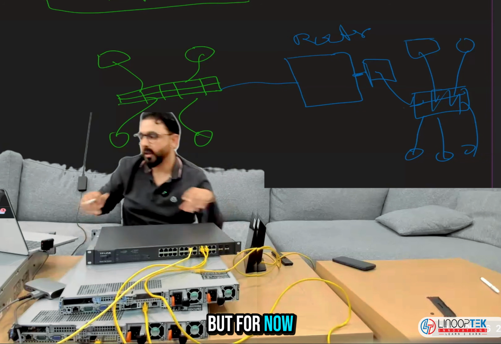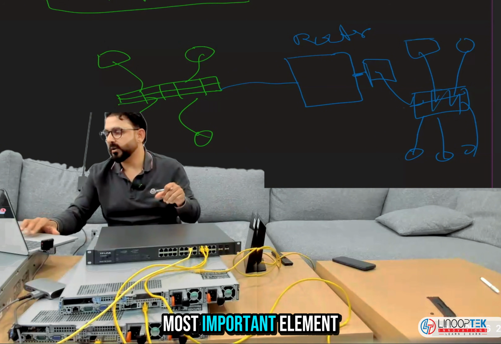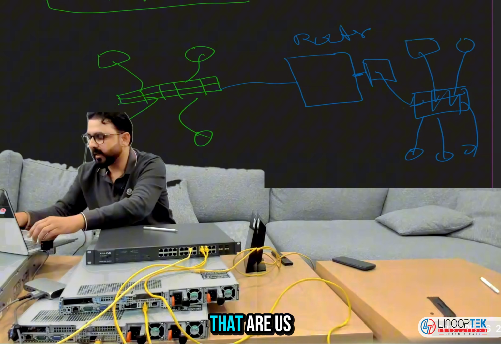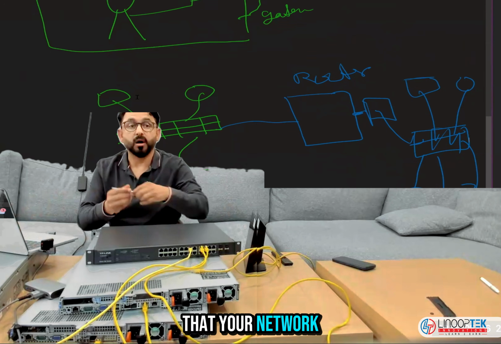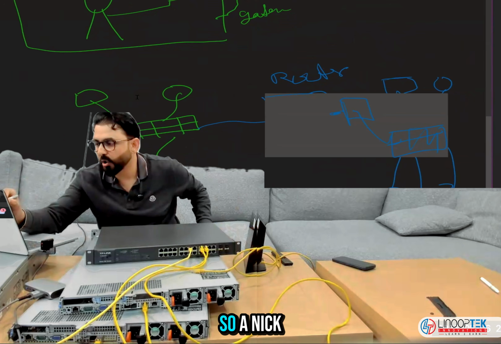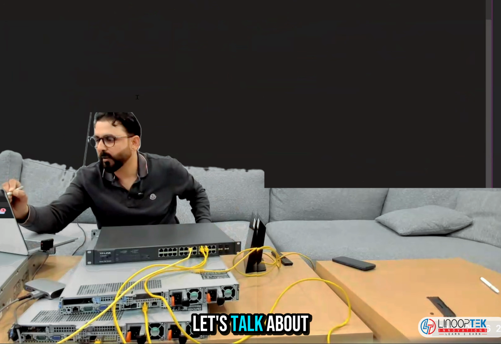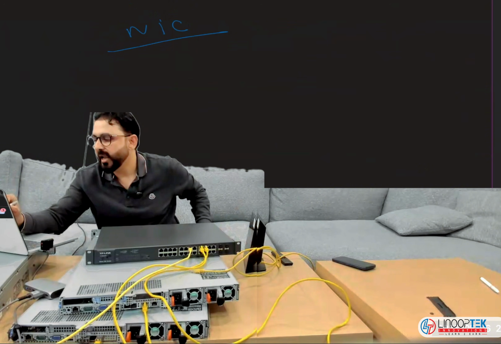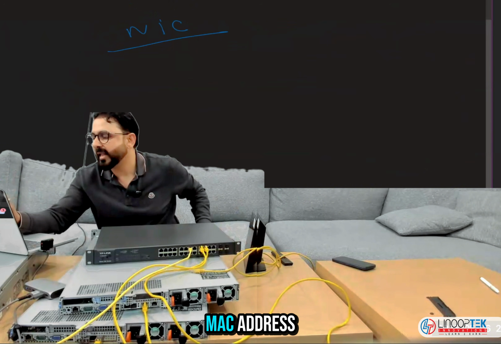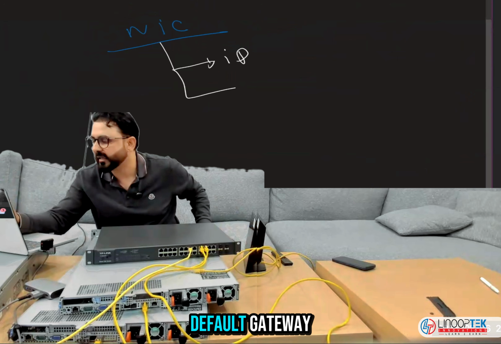But for now, I want you to tell me what are the most important things that your network card has to know. So a NIC has to know what? Let's talk about this over here. A NIC has to have an IP address. A NIC has to have a MAC address. A NIC has to know its default gateway.